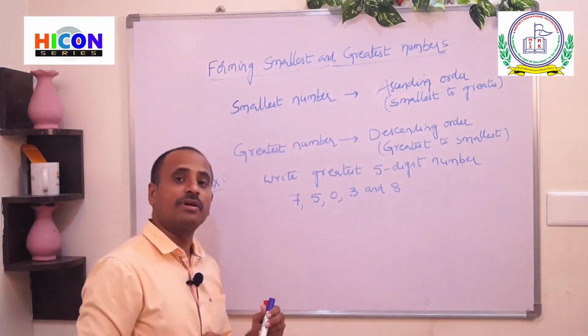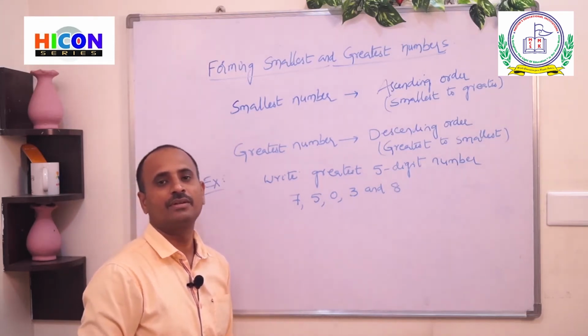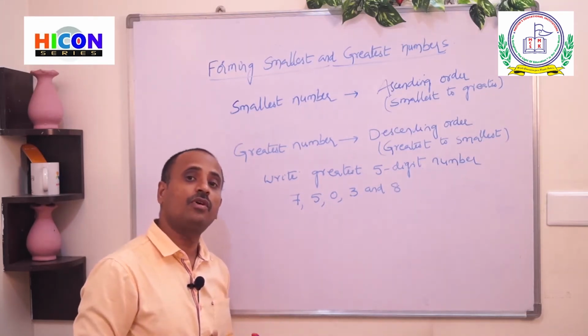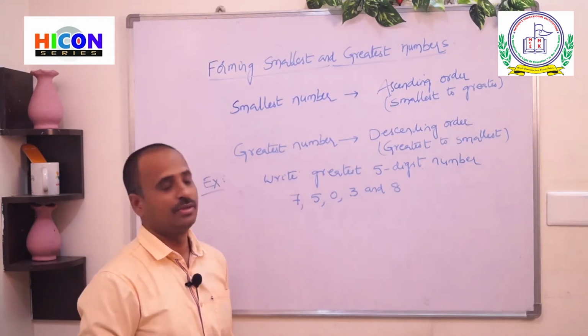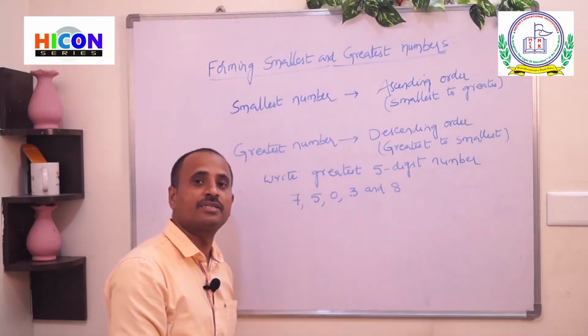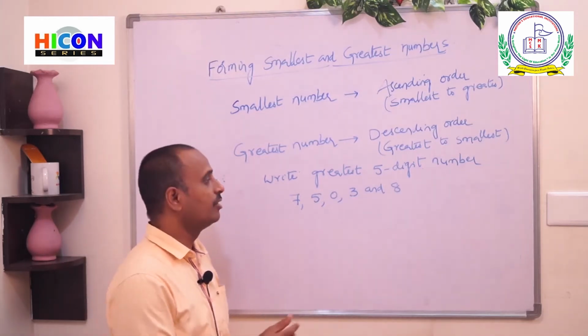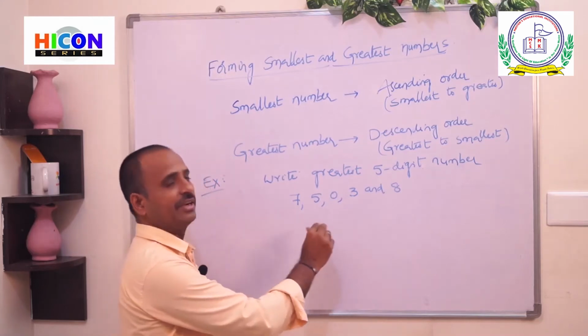So we can form the greatest 5-digit number and also the smallest 5-digit number. And by using these digits, we can also form 6-digit numbers and 7-digit numbers. So first, let us understand how to write the greatest 5-digit number.